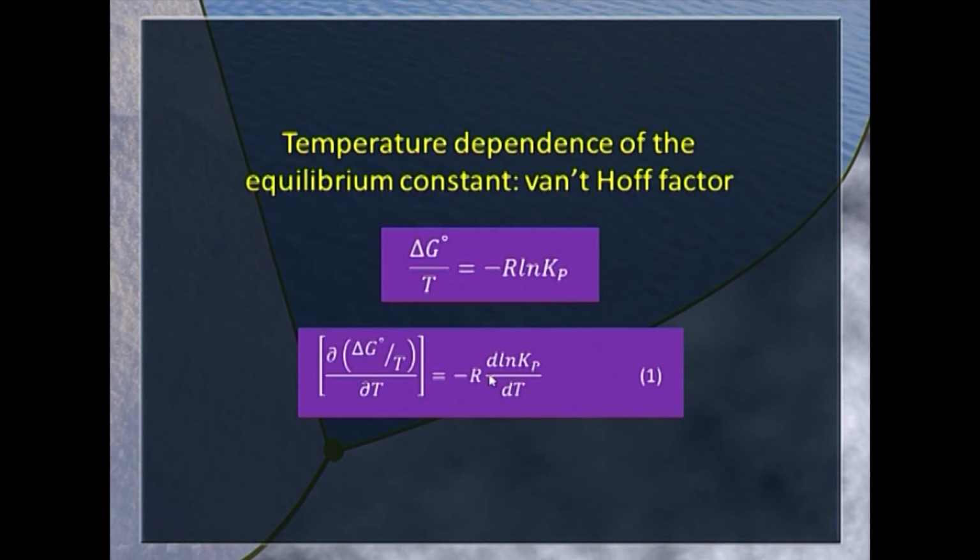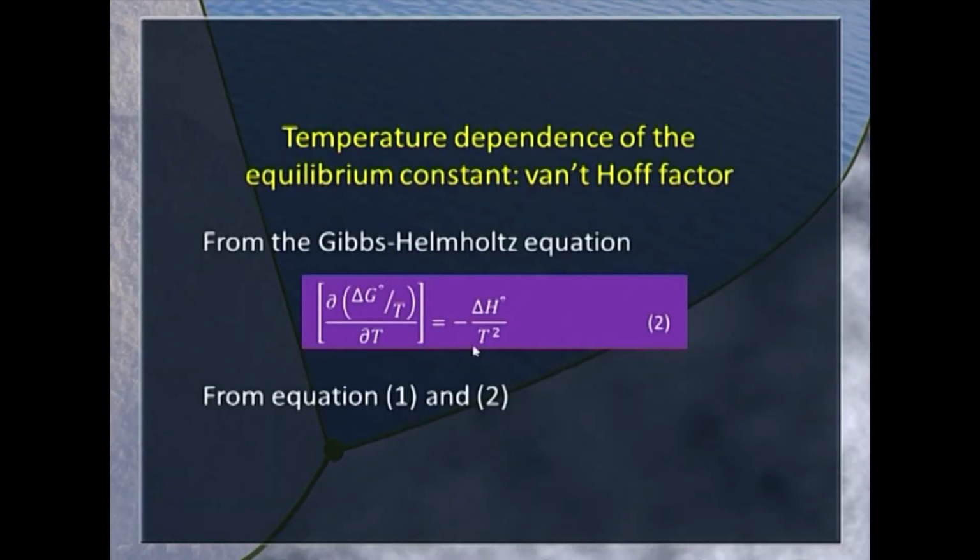And you can have d by dT, R is a constant. So, it comes out of the differentiation and I am left with d ln Kp by dT, and I am differentiating ΔG superscript 0 by T by dT. We already know from the Gibbs-Helmholtz equation that this term is equal to minus ΔH0 by T square.